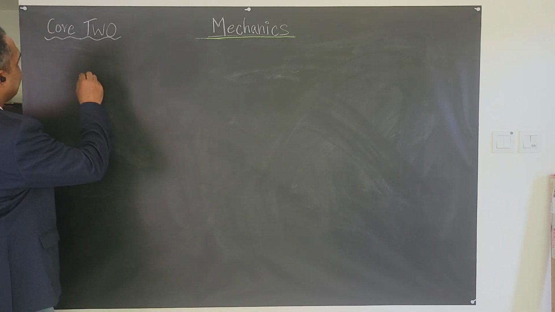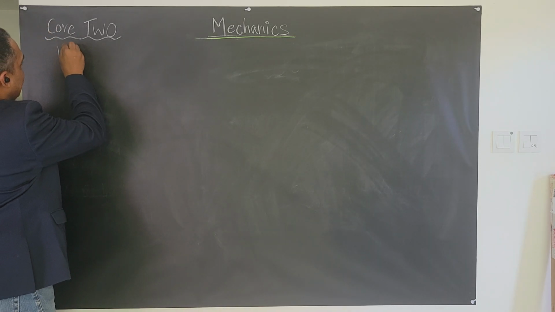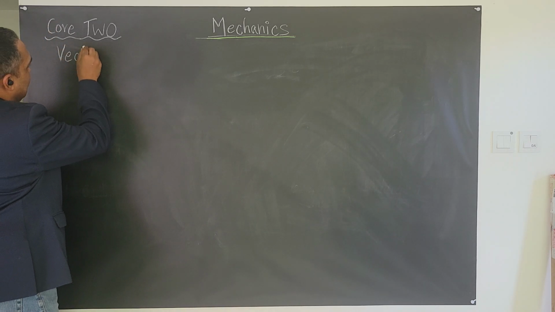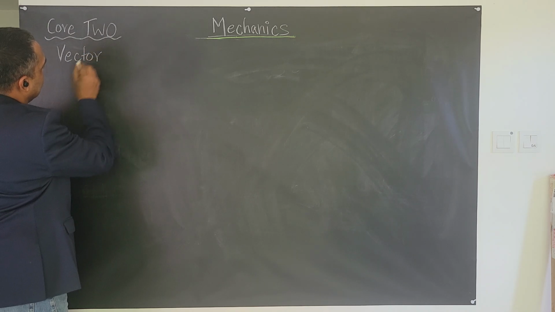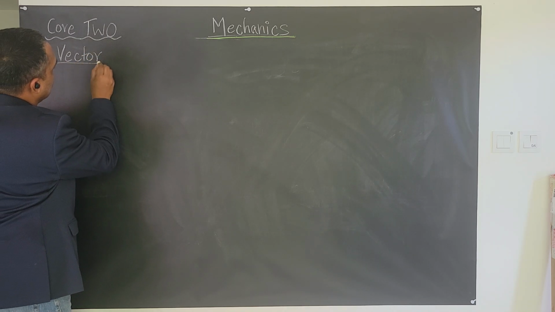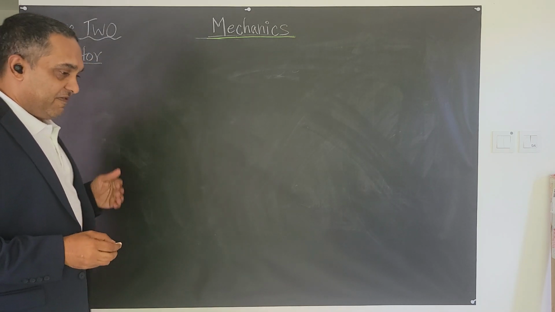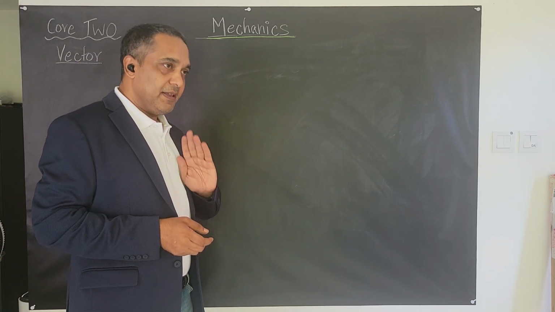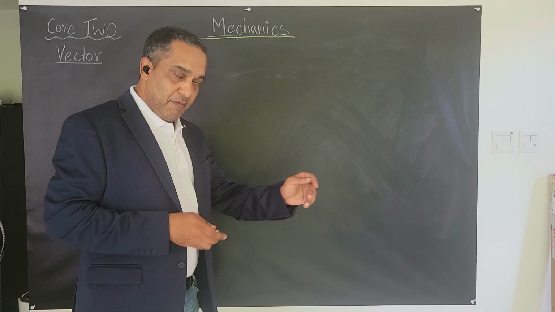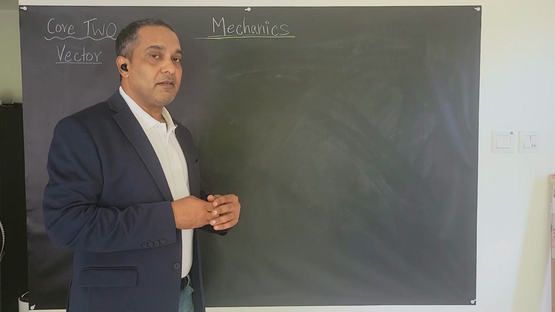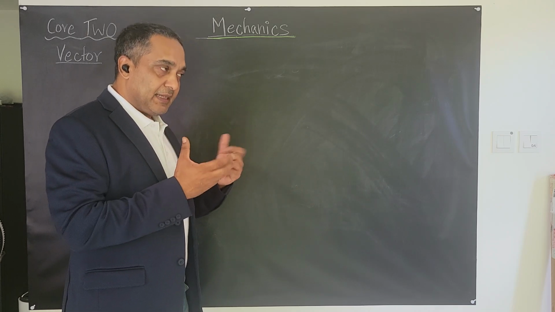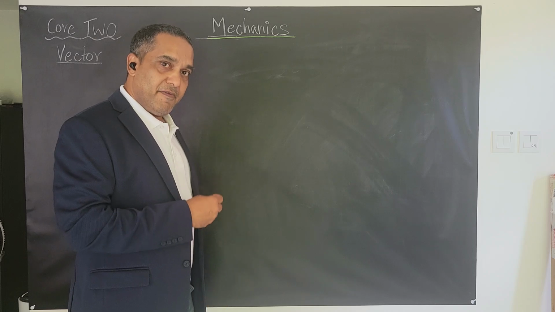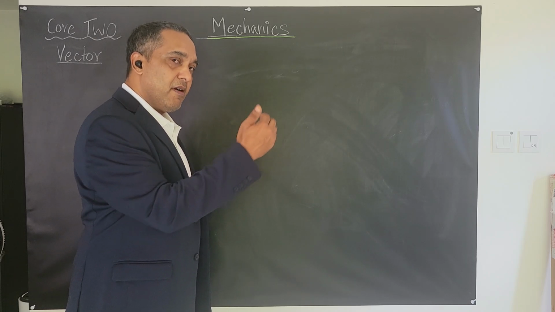We'll start with the first term, a vector. A vector is any quantity where we have direction, but we also have magnitude, obviously, right? So, an example, velocity of 100 kilometers per hour.